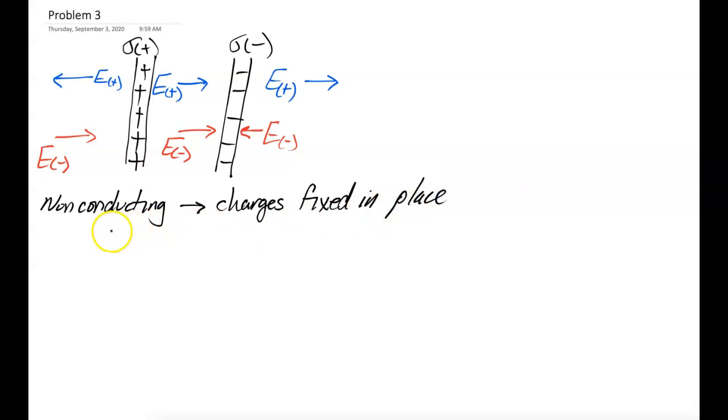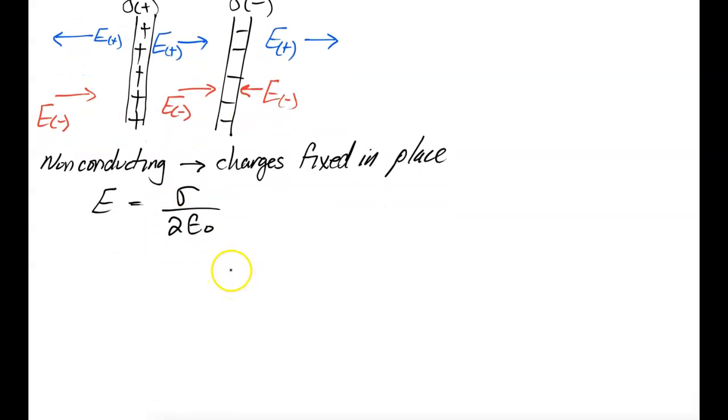We also know that the electric field for these sheets is given by the charge density over 2 times epsilon naught. So if we want to find the electric field for the positive charge distribution, that's going to be sigma plus over 2 epsilon naught.